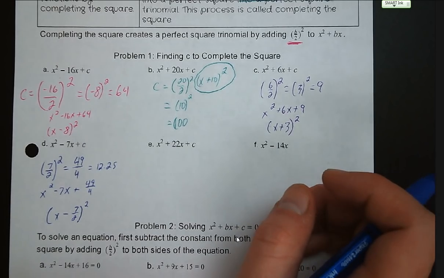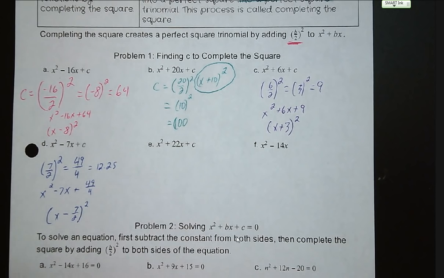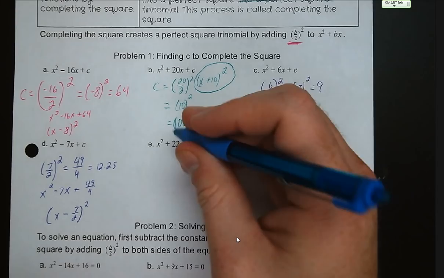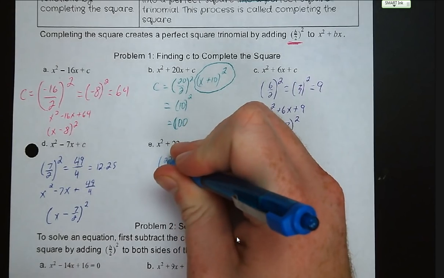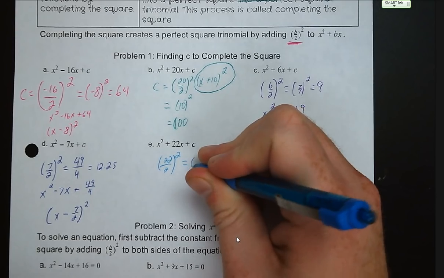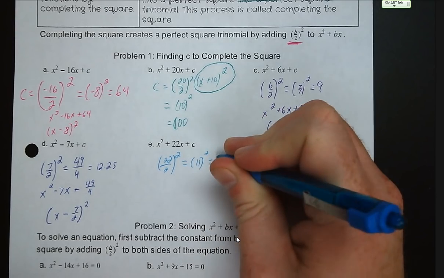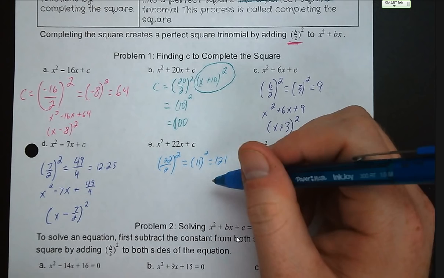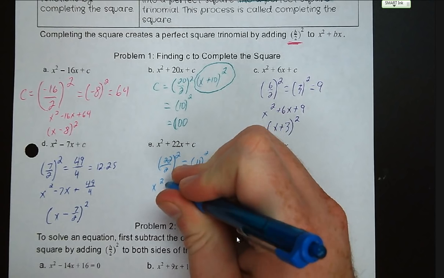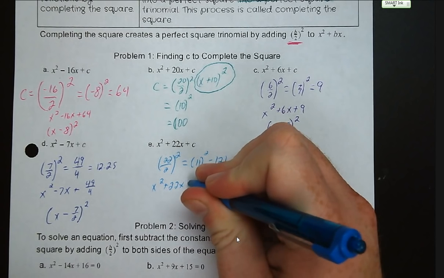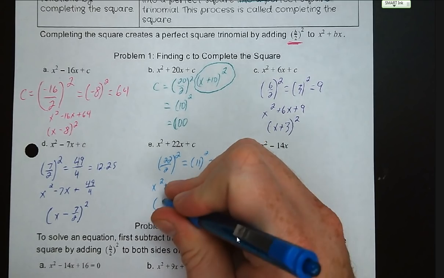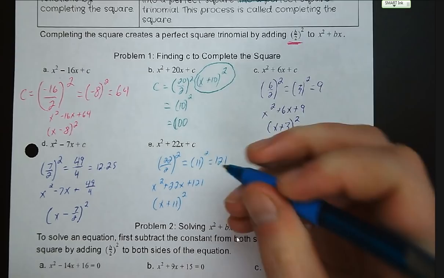Next up, letter E. We have x squared plus 22x plus c. So we do 22 over 2, the quantity squared, which is equal to 11 squared. Perfect square rules, 121 is 11 squared. So x squared plus 22x plus 121, and we get x plus 11, the quantity squared.